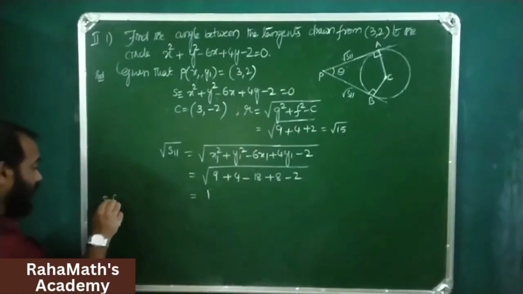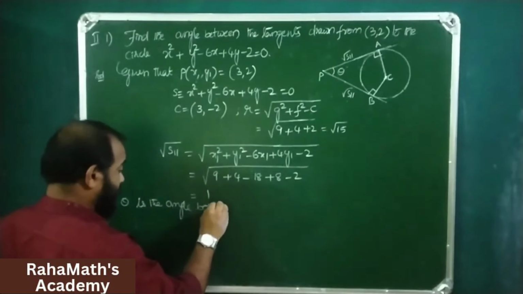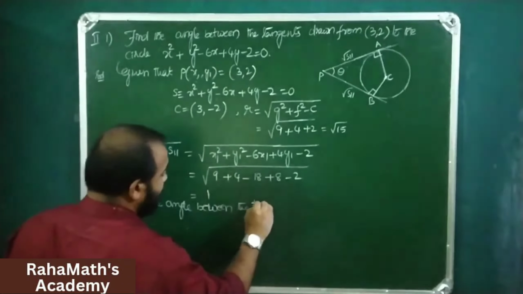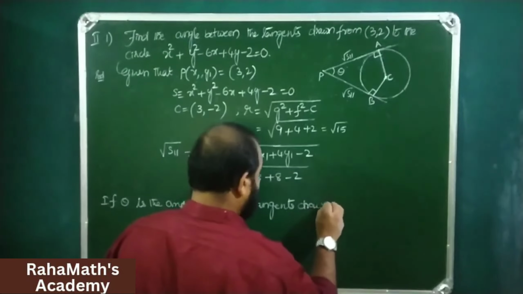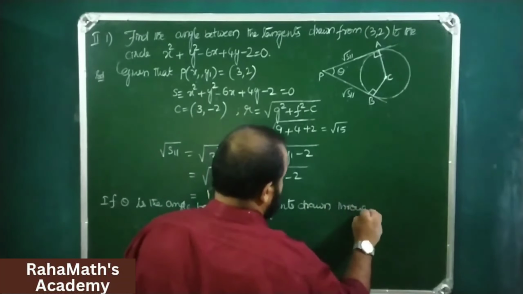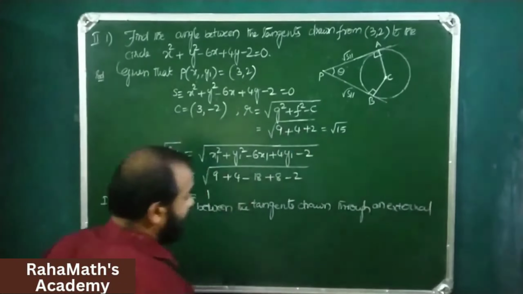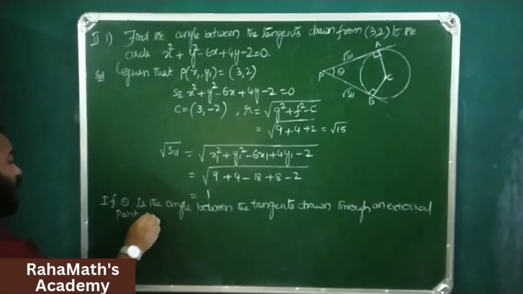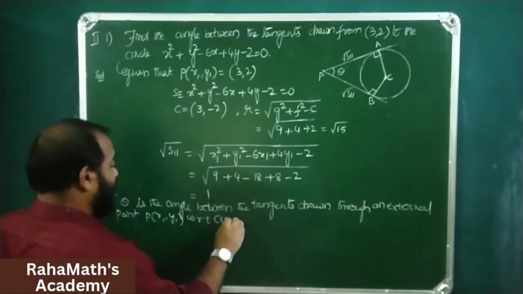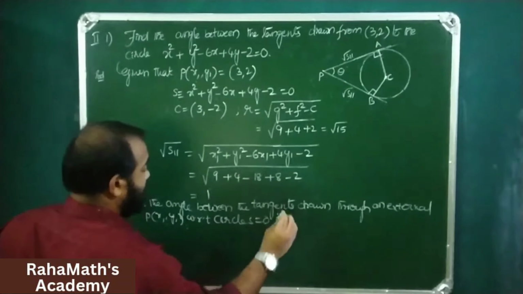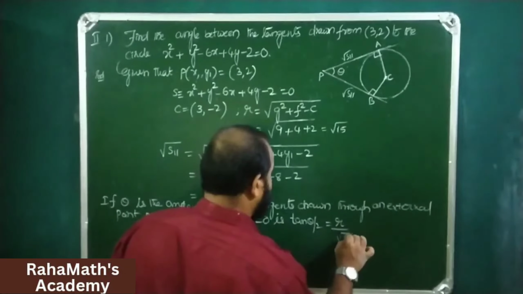So if theta is the angle between the tangents drawn through an external point P(x1, y1) with respect to circle S equals 0, tan theta by 2 is equal to r by root S11.